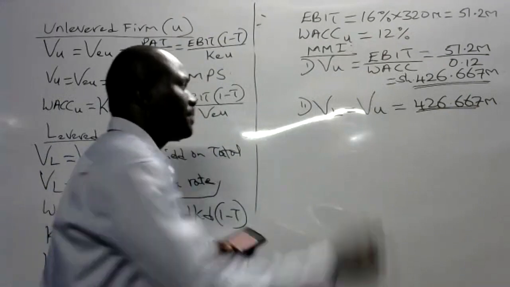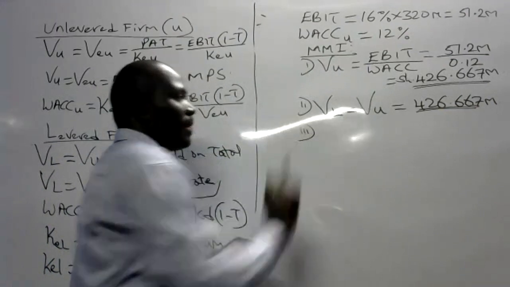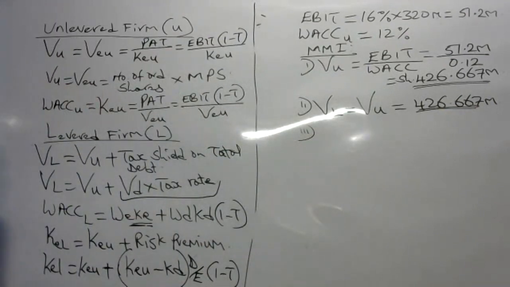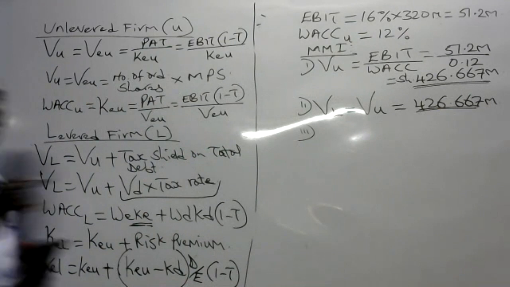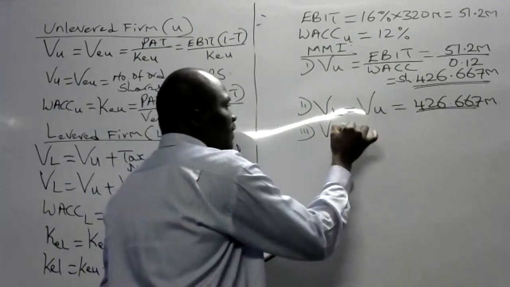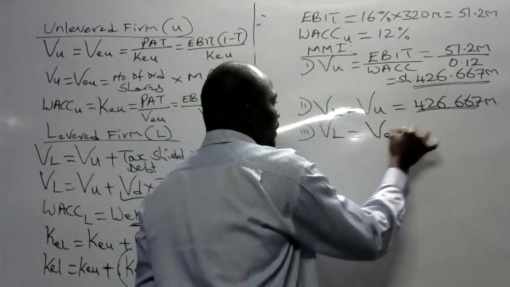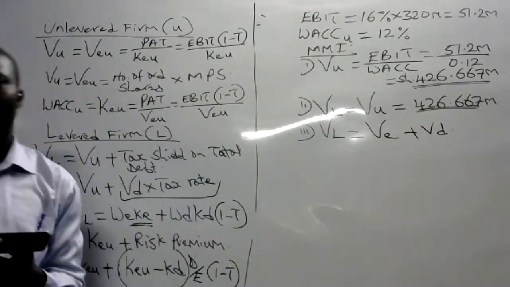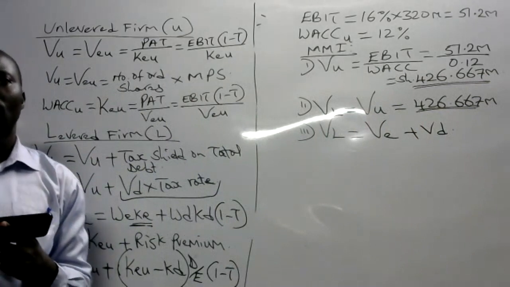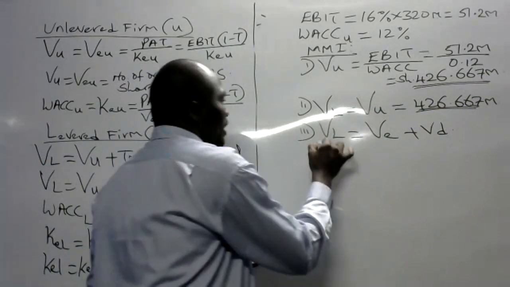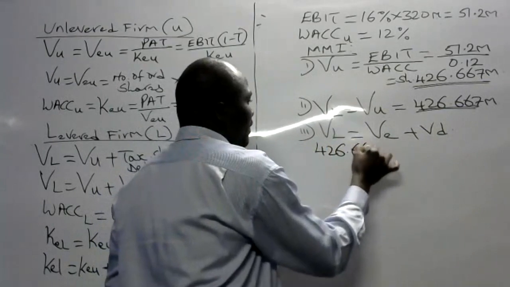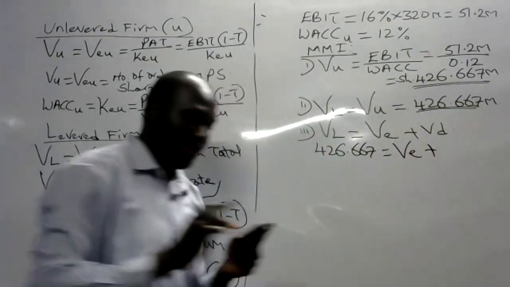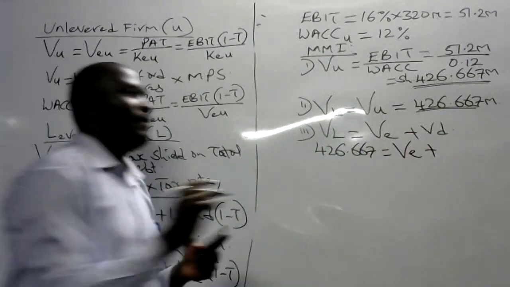Now, let's see. Out of the value of the levered firm of 426.667, the value has a component of equity and debt. Right? Debt is how much? Debt is 10 million.